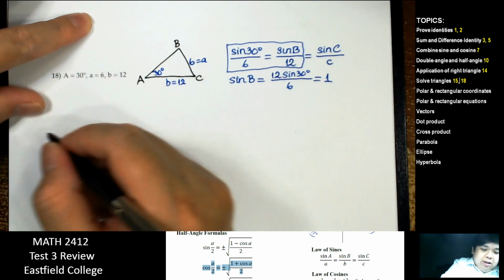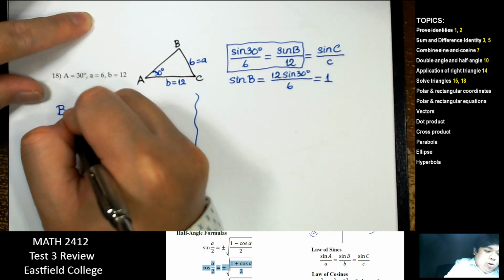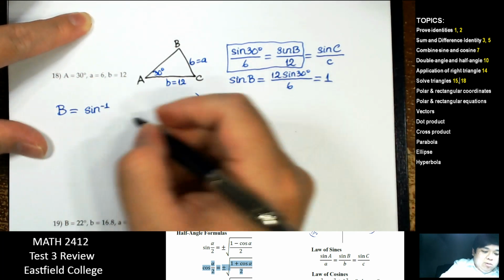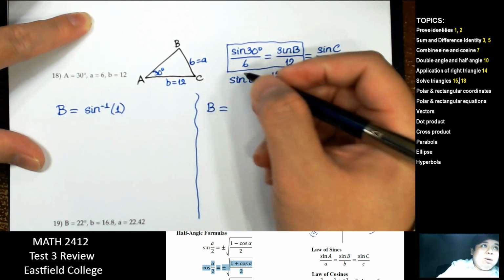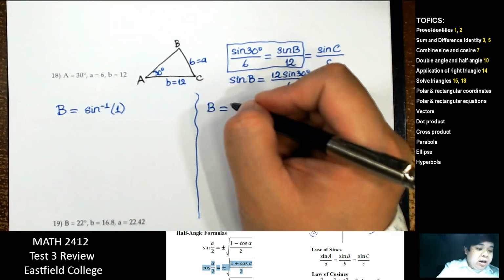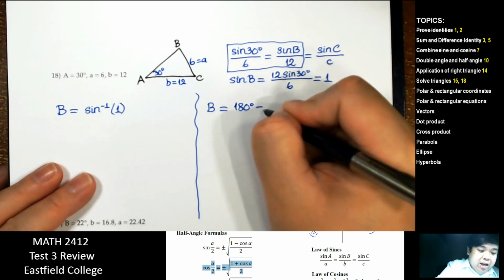So we have two different scenarios here. B equal to sine inverse of 1 or B equal to the supplement. Remember the trigonometric equation, if we have sine, we have the supplement as well.